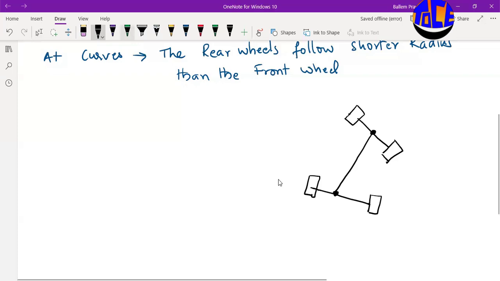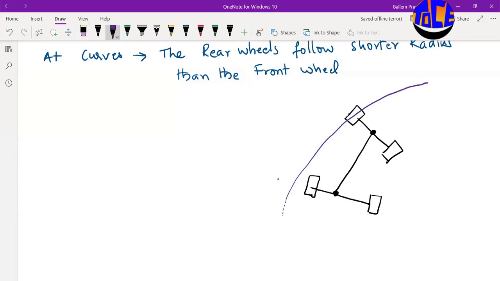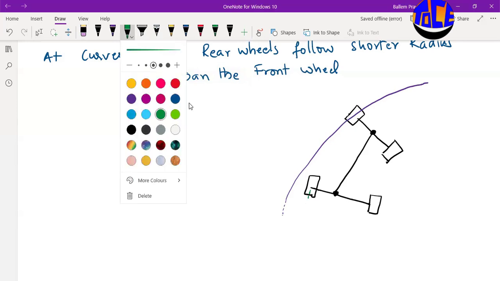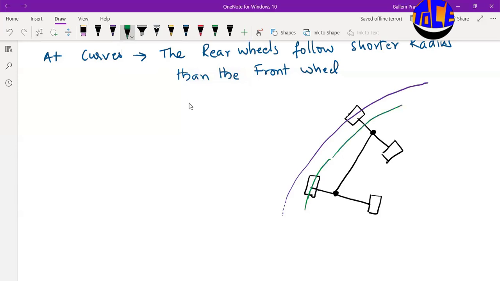If you draw the curve from each wheel, this is the curve from the front wheel, and this is how the line goes for the rear wheel. Similarly for the other wheels. From this we can understand that the front wheels and rear wheels have different paths, different curves. So we draw the radius of each.